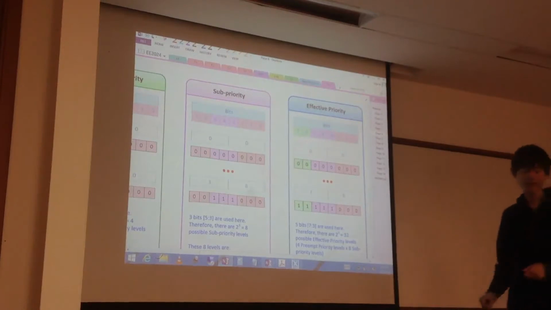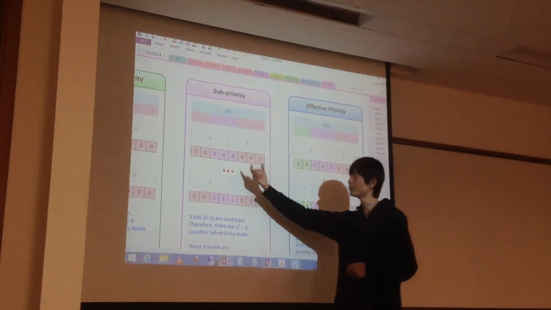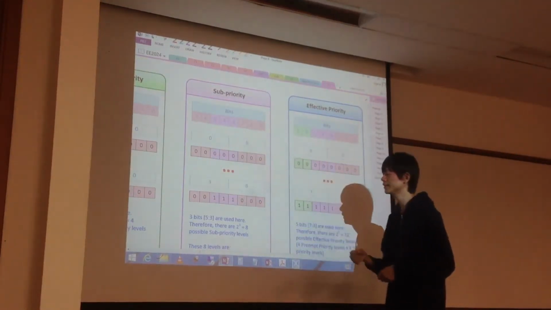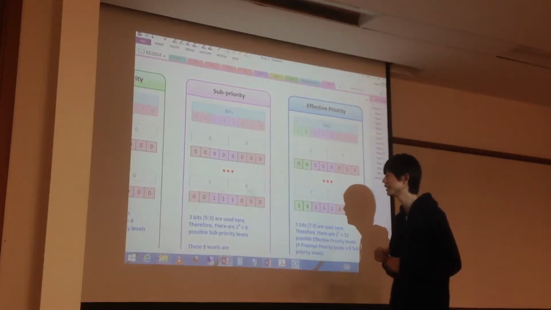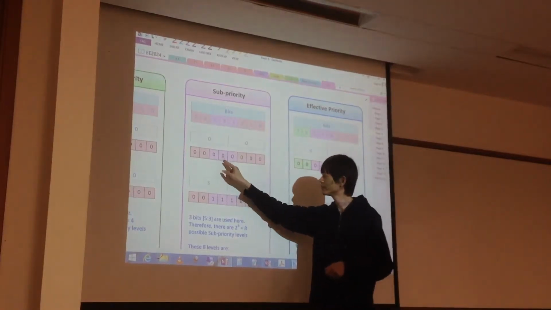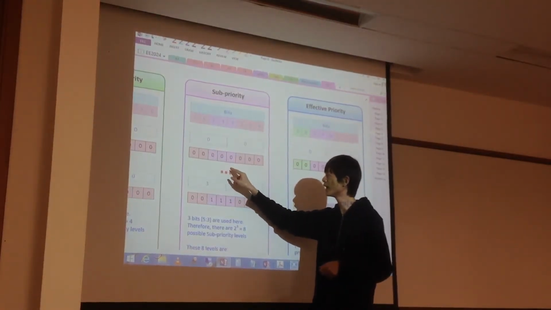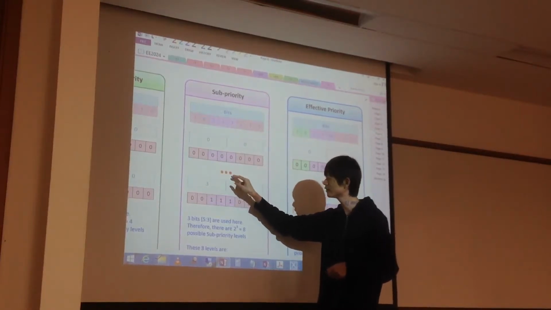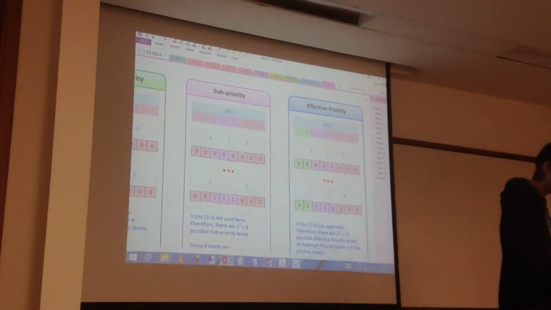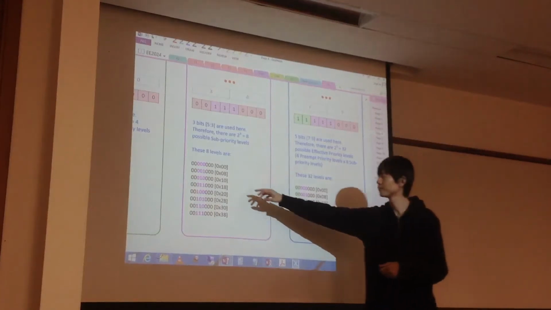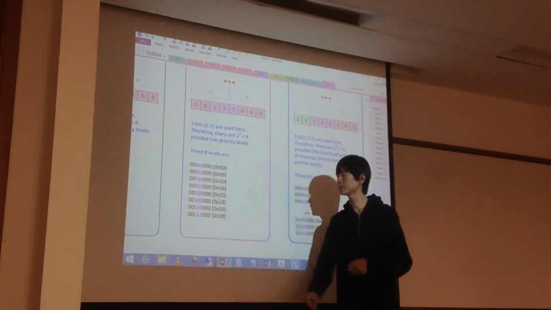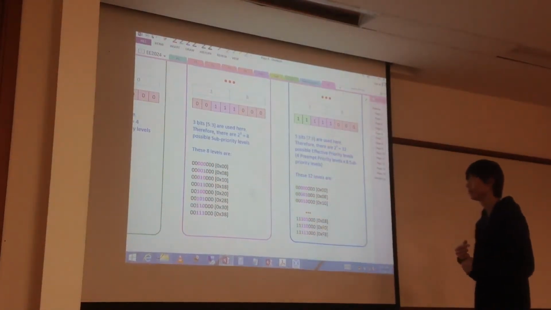For sub-priority, we have 3 bits. 3 bits means 2 to the power of 3 possibilities. So 000, 001, 010, 011, and so on. We have all these possibilities, 8 in all.